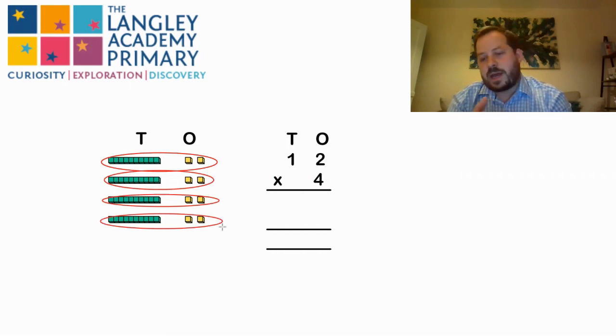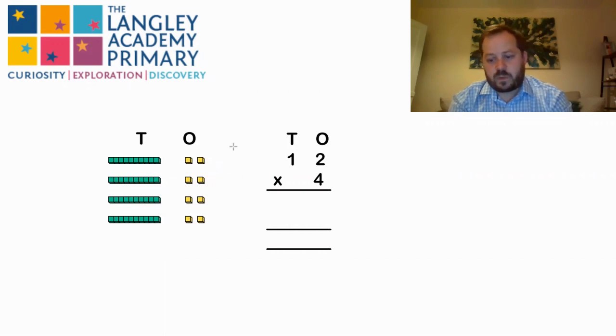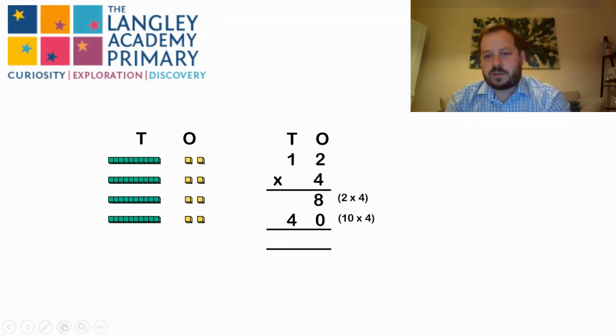In theory, I could add them all together, but that's using a physical representation using Dienes blocks, or a pictorial representation using this. Then what we want is a written method for that. So if I clear that, the way to do it is we're going to split that down, making sure that we are timesing each part of our top number by the bottom number.